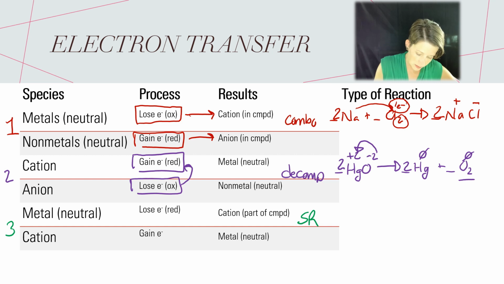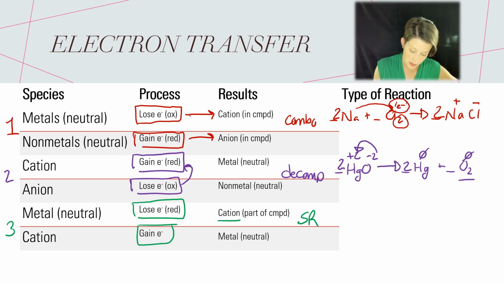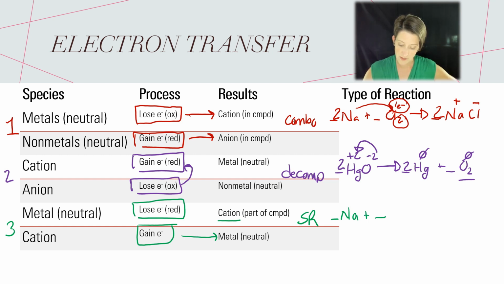The metal wants to lose electrons so that it can become a cation that is now in solution. The cation that is currently in solution is going to gain those electrons to become the pure metal at the outside. So here, if we have pure sodium, and in solution, we've got lithium chloride.